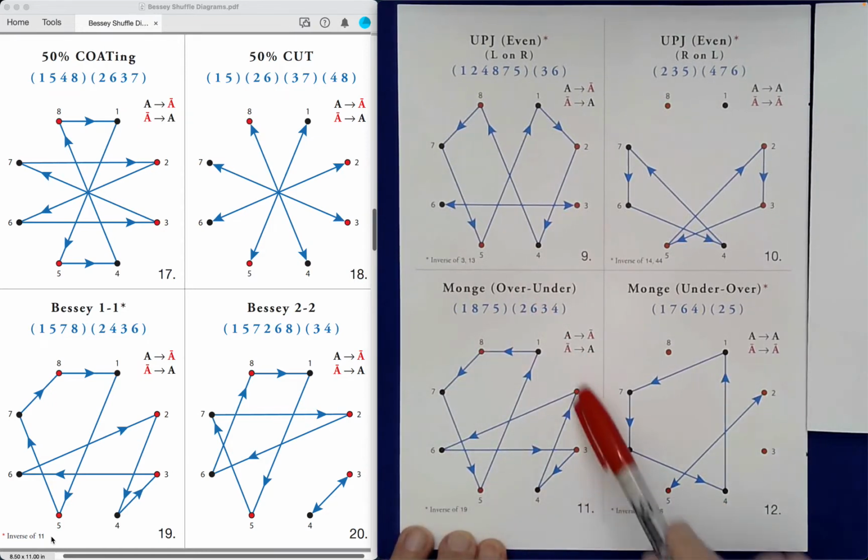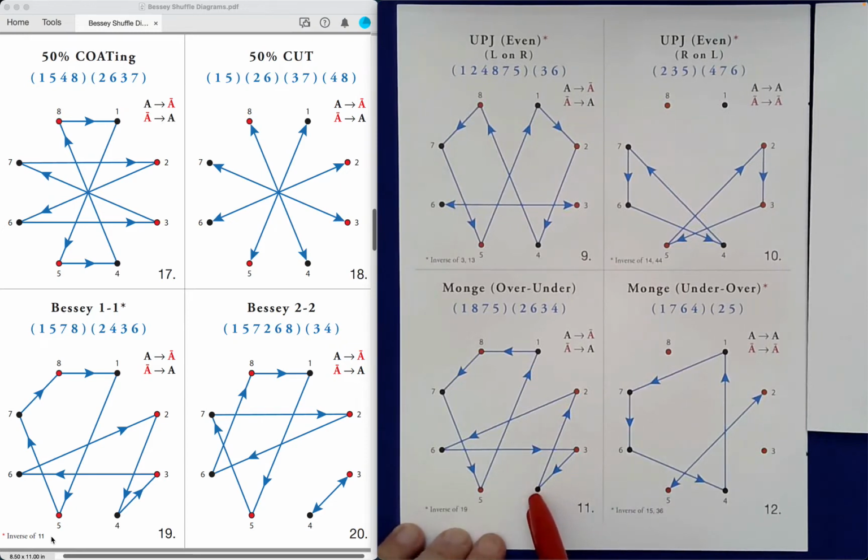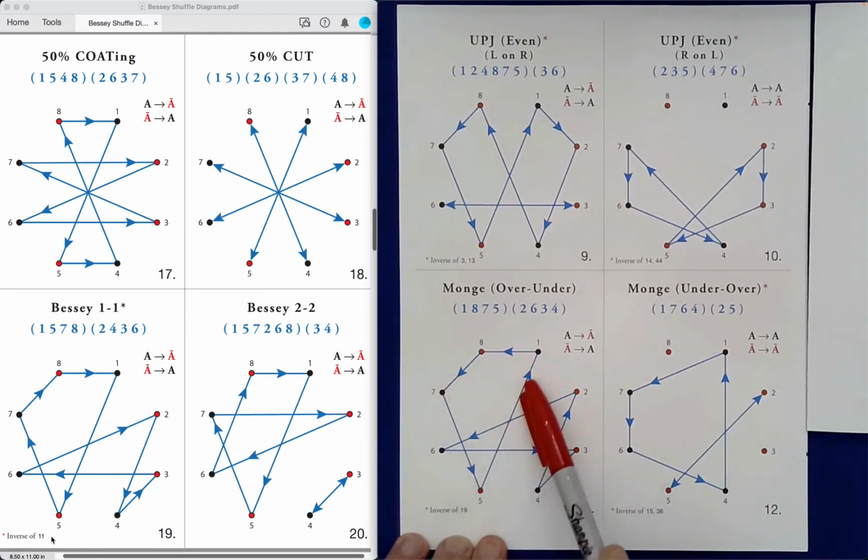The overall shape of this diagram is identical to the one for Bessey 1-1. The only difference is the arrows are reversed. All of the arrows here are reversed from what they are in the shuffle diagram for the Bessey 1-1 shuffle.